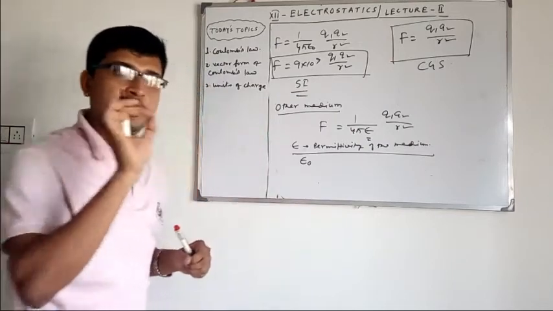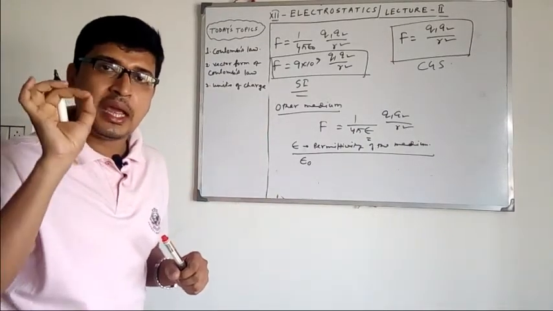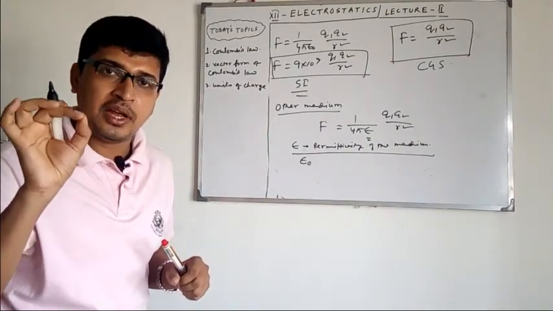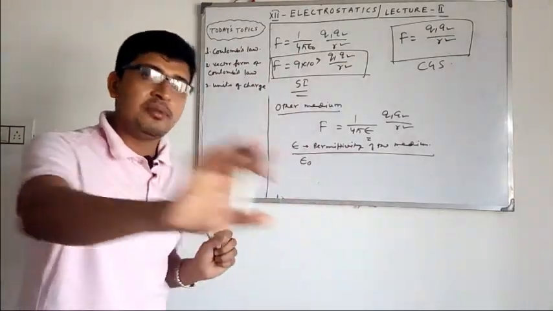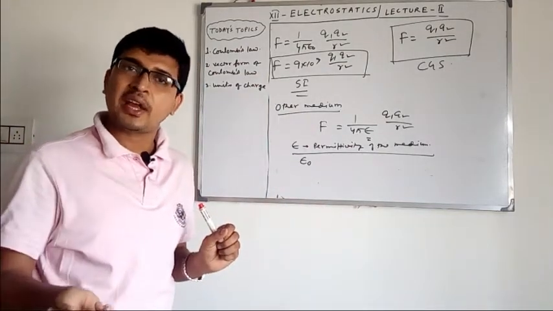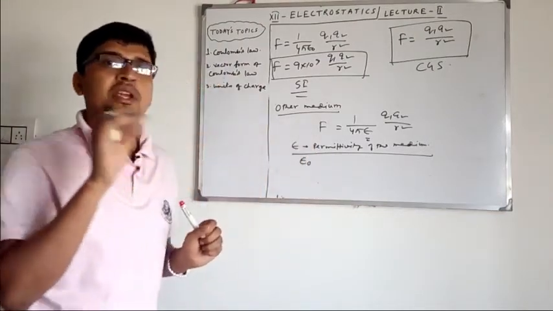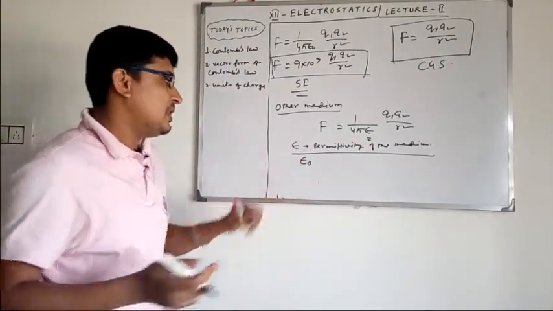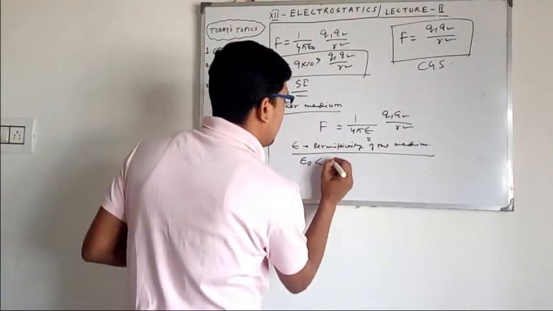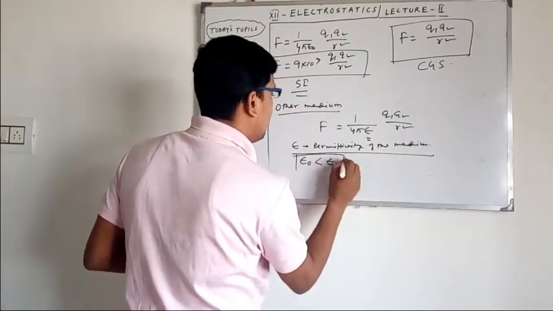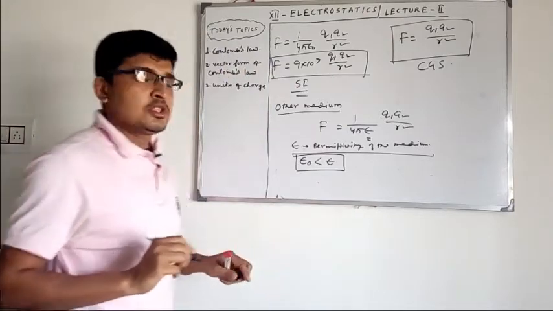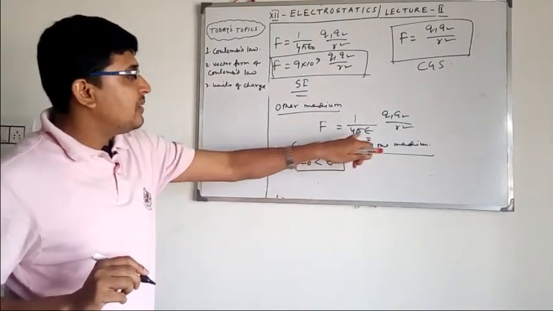That means in free space permittivity has the minimum value. If you place the charged particles in any other medium, the value of epsilon will be greater than epsilon 0. That means epsilon 0 is the minimum value.